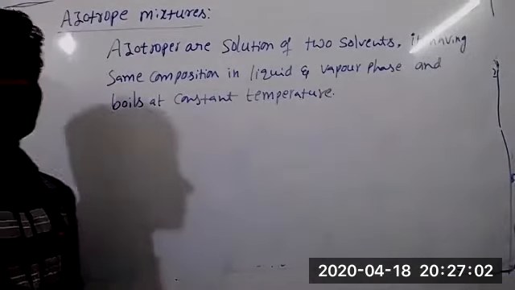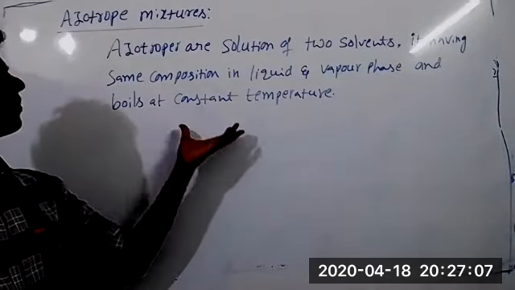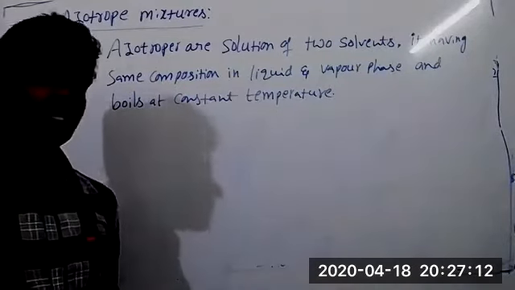So an azeotrope is a mixture of two solvents that maintain a constant boiling point and the same composition in the liquid phase and vapor phase also.